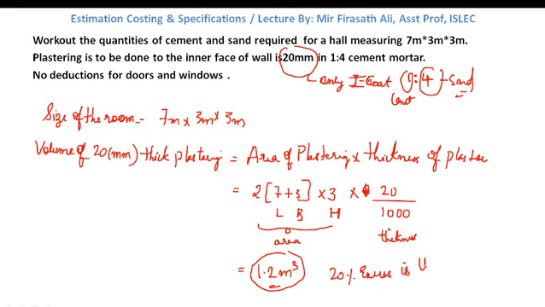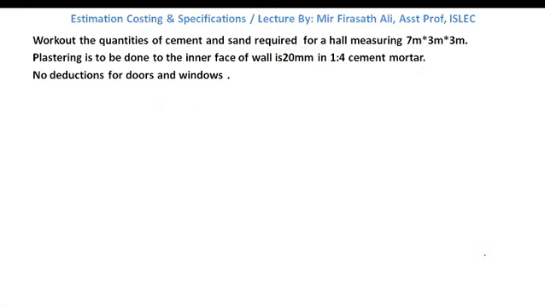Let us calculate the wet volume of cement mortar. The original is 1.2 meter cube, and 20% excess we need to take.